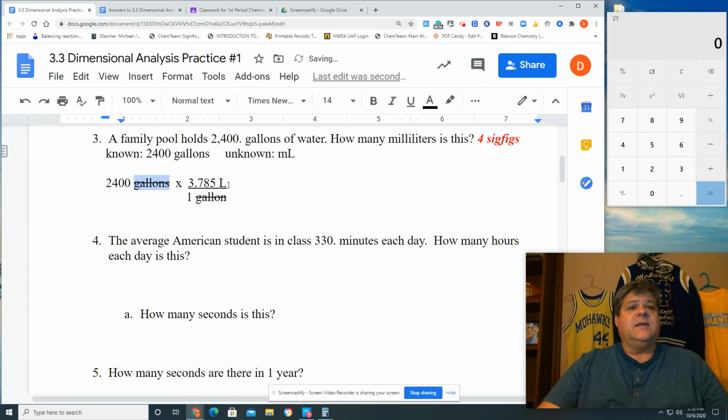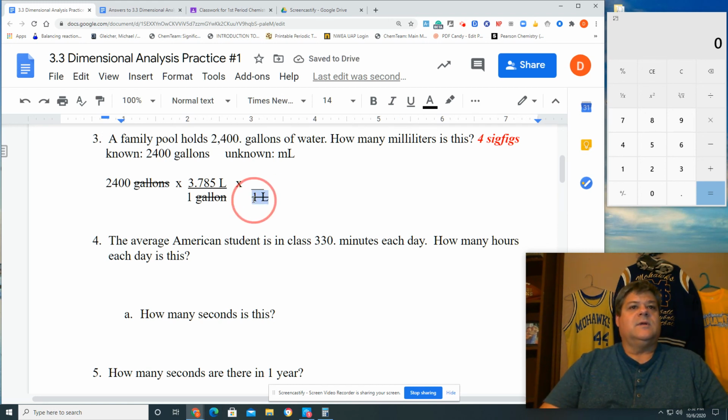So now we're at liters. How do I go from liters to milliliters? Using dimensional analysis again, we're going to put our times and our line. Since I have liters up here, I have to put liters on the bottom. So we're going to say 1 liter.